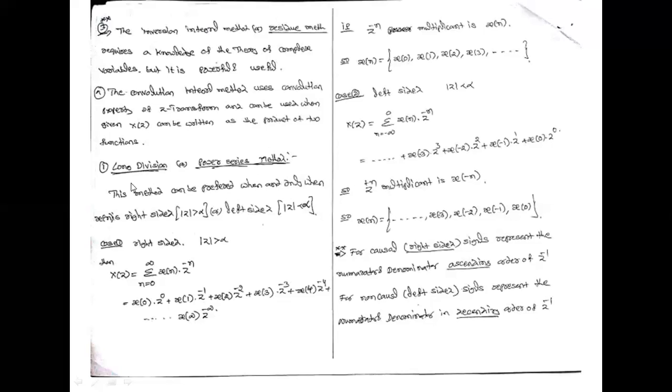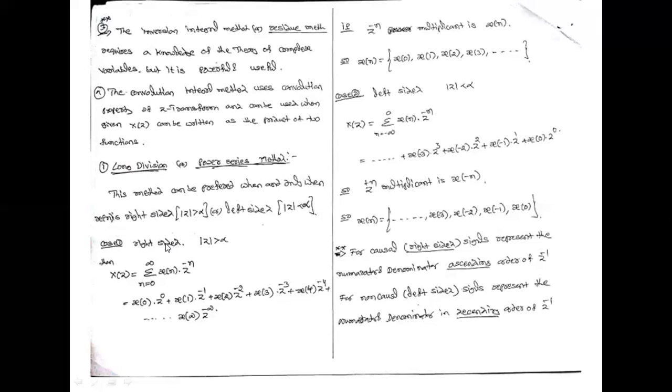The first method you can take is the long division or power series method. This method can be preferred when and only when x of n is right-sided or left-sided. |z| greater than is right-sided, |z| less than is left-sided.